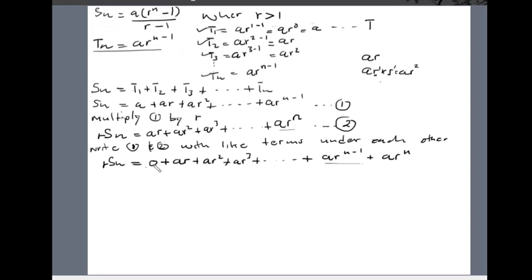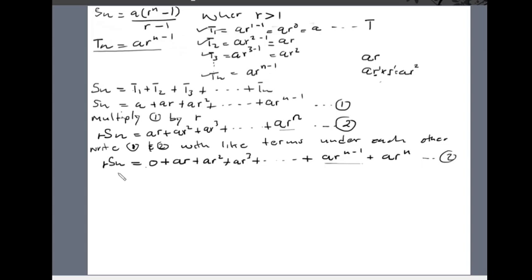And then the reason for writing 0 here is because in equation 2 I don't have term a, so in place of term a I just put 0, right? Because now I need to write these like terms under each other. So me starting by 0 will make it possible to put like terms under each other, right? So now this is equation 2. Still this is equation 2, right?